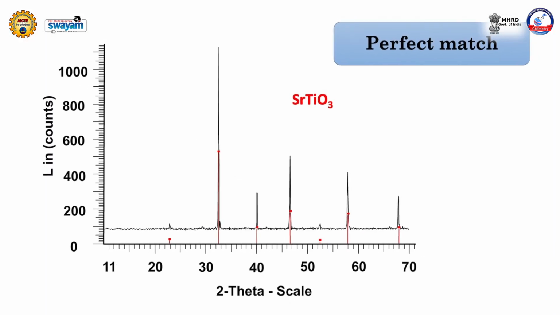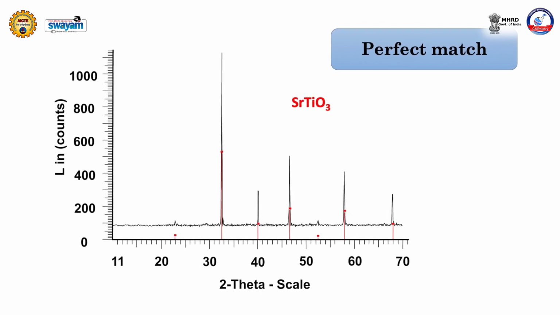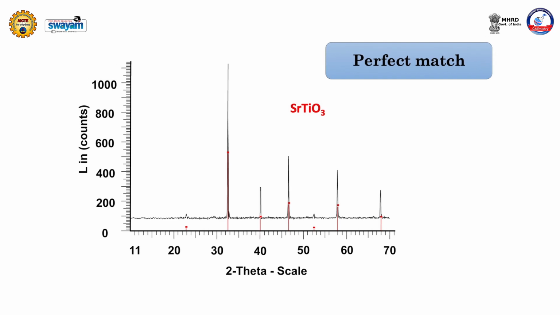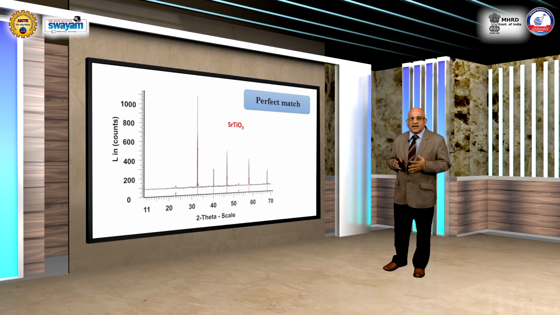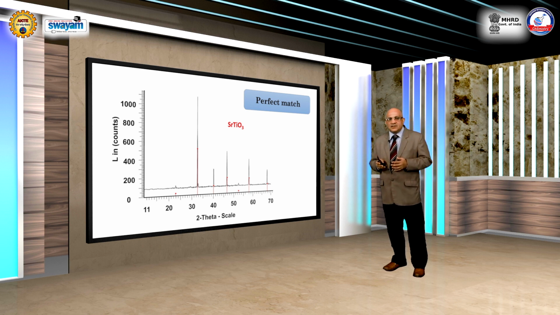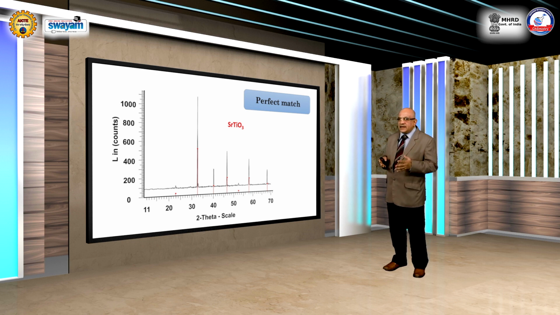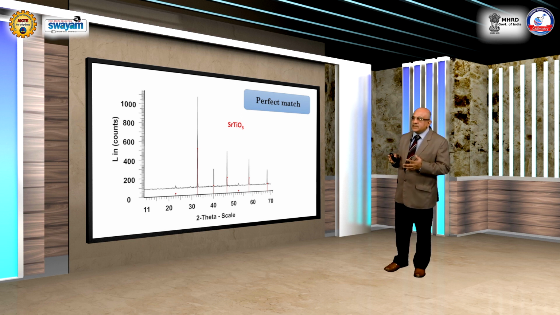In this X-ray pattern, you can see that there are some red lines and some black lines. The black lines are the measured X-ray diffraction of a sample of strontium titanate, and you can see it matches with the red lines which are pulled out from the software with the data already recorded for strontium titanate.